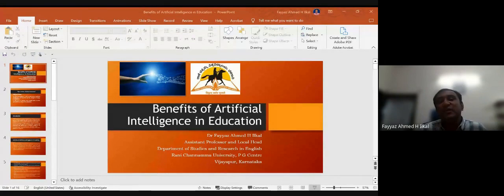First, how it is going to help the student is by analyzing the learning gaps. Artificial intelligence platforms can analyze past performance and identify learning gaps that can otherwise easily go undetected.